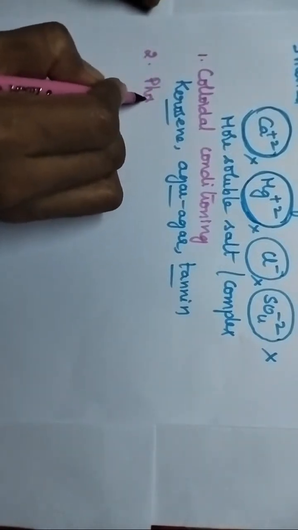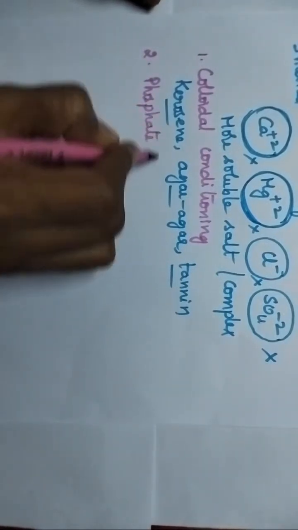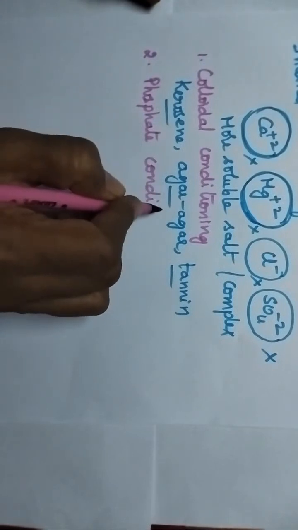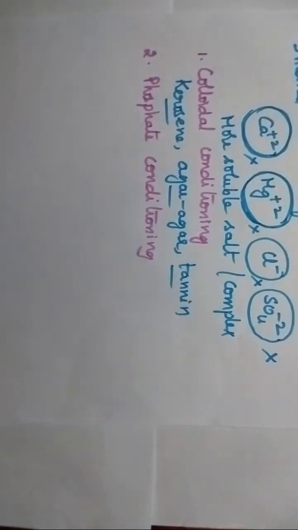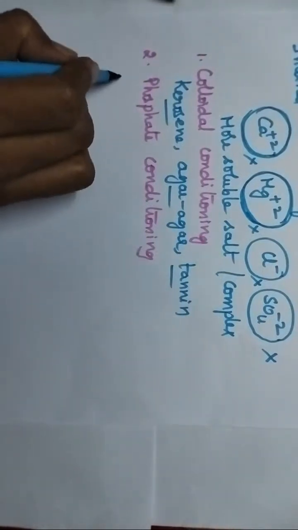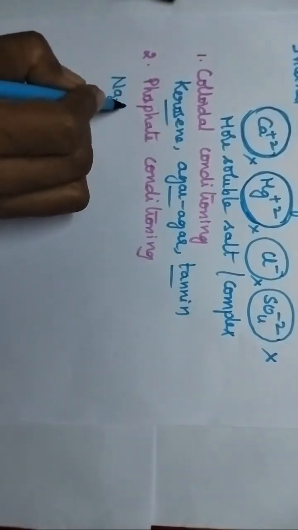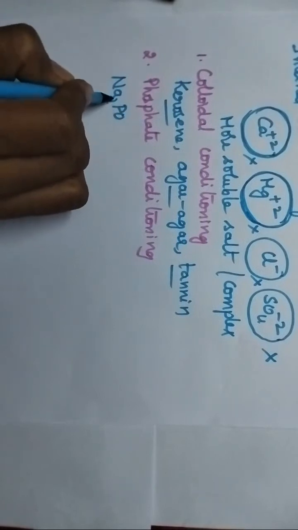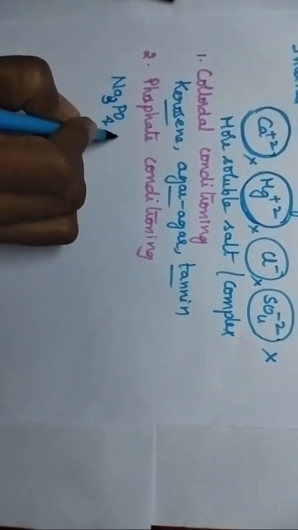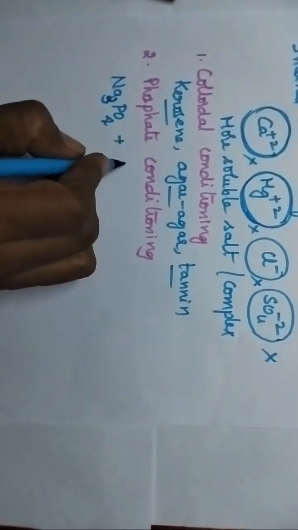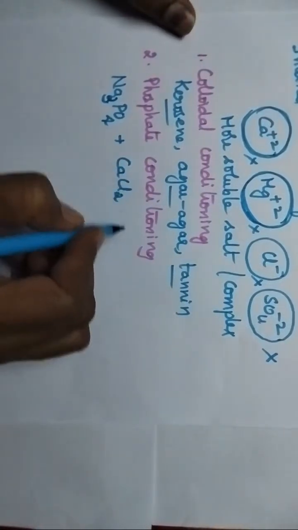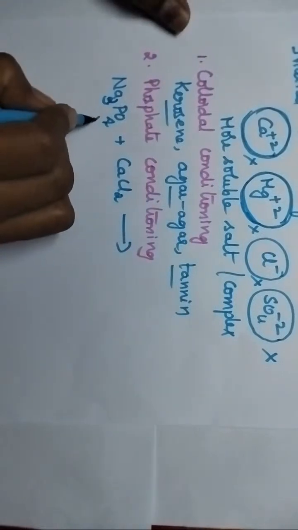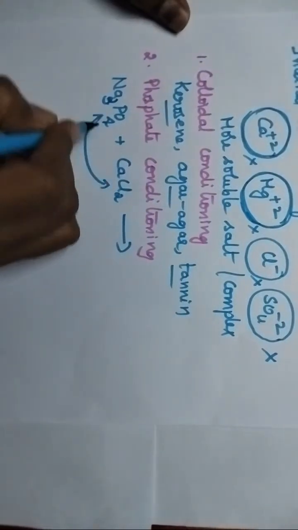Coming to the phosphate conditioning. In this phosphate conditioning method, especially sodium phosphate will be added to the hard water. For example, this hard water consists of calcium chloride. Then what happens? Here anions will be exchanged.